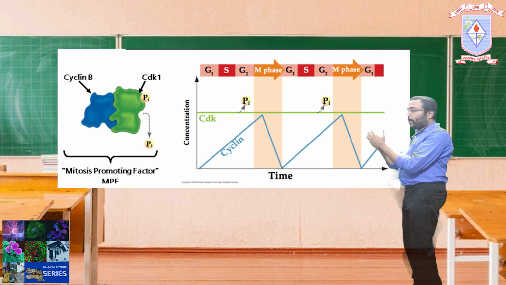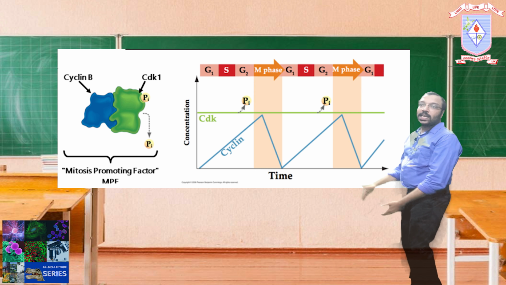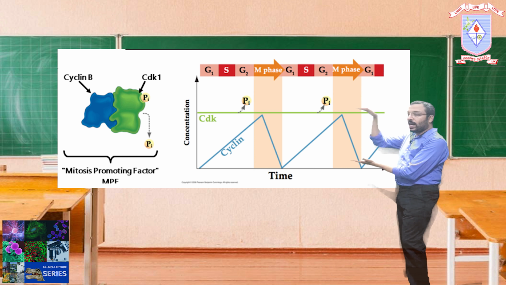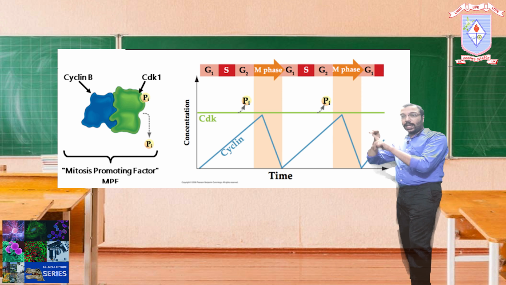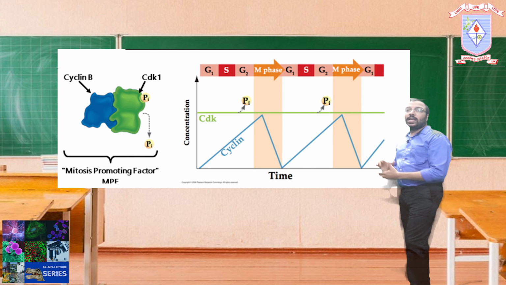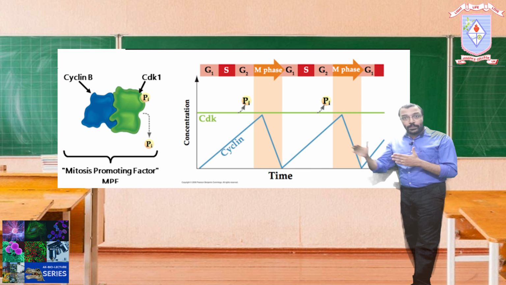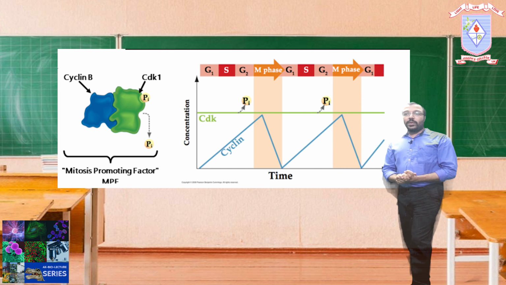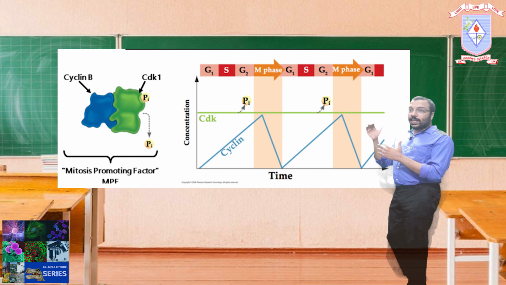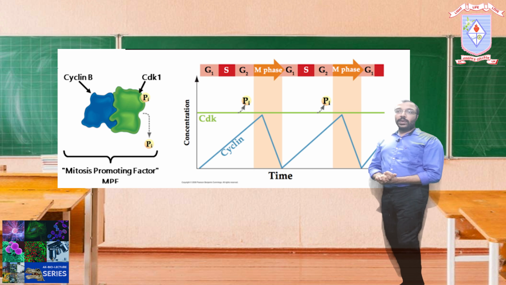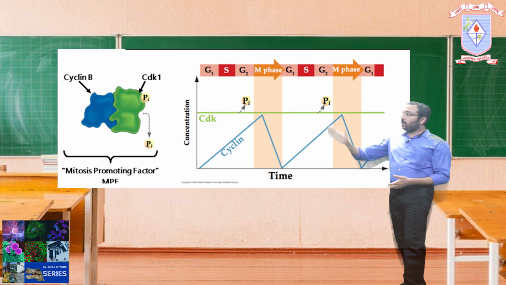The green line parallel to the x-axis is the level of CDK1, and the blue zigzag line is the level of cyclin B concentration as time progresses. The concentration of both proteins is given on the y-axis.